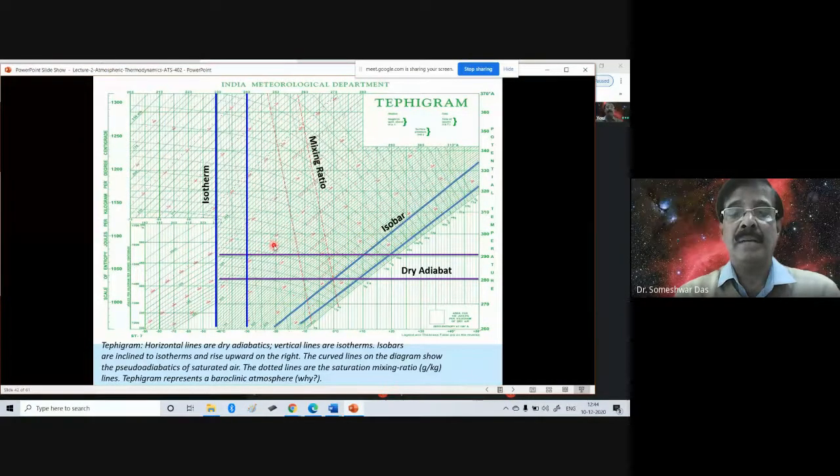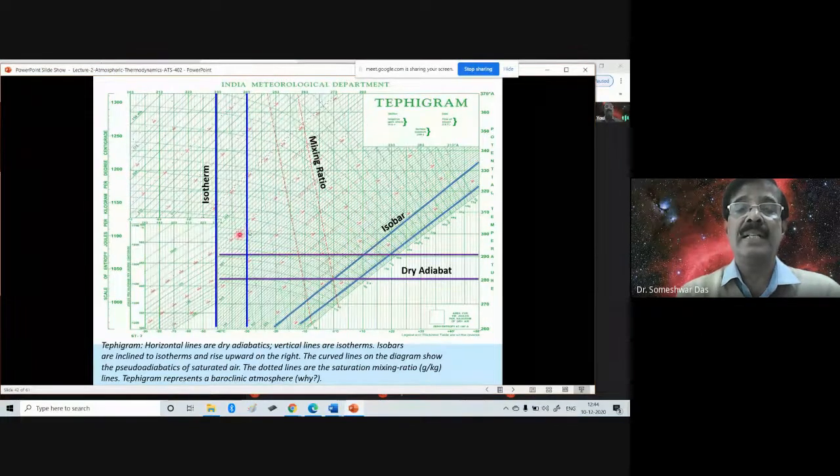I was trying to explain to you that so much information is contained in these diagrams. These different lines represent different atmospheric properties.